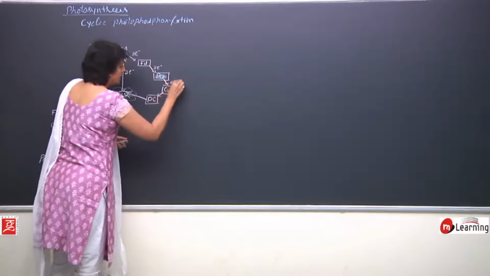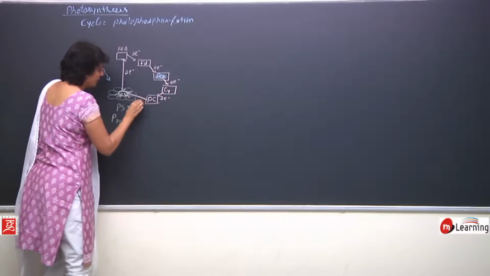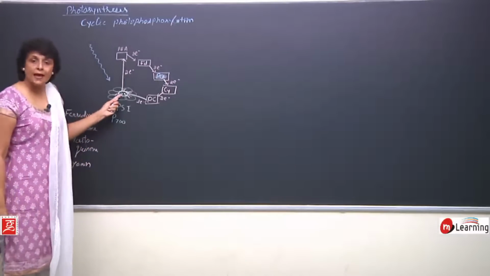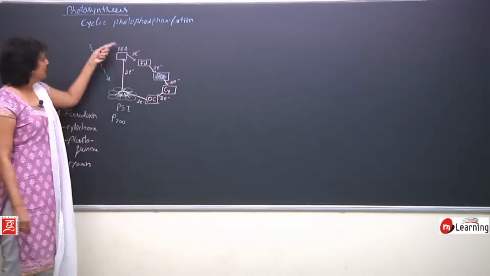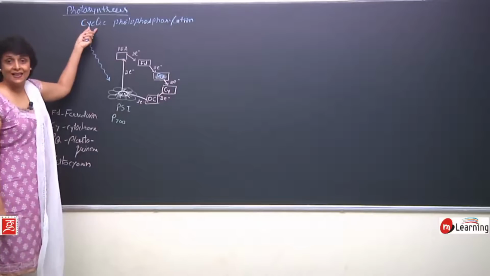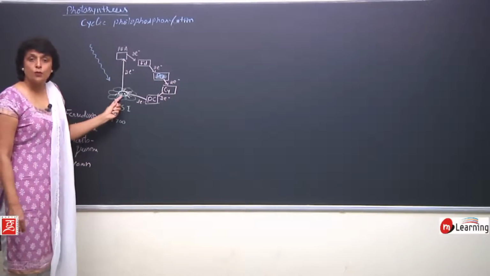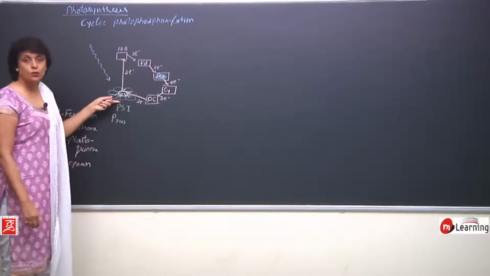So, the same pair moves through this chain of electron acceptors and comes back to chlorophyll A. Now, you know why the name is cyclic. The reason: the pair of electrons which is lost from chlorophyll A comes back to chlorophyll A.